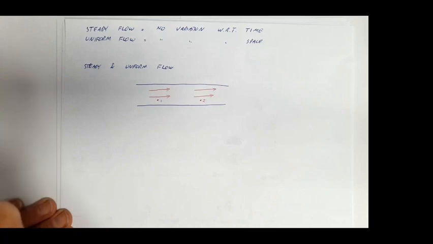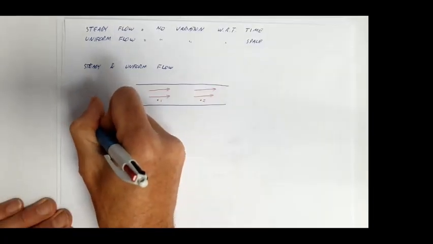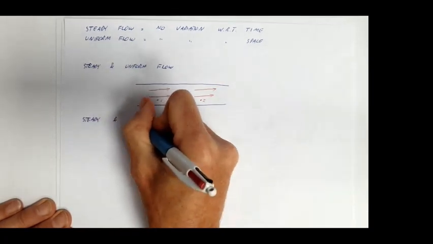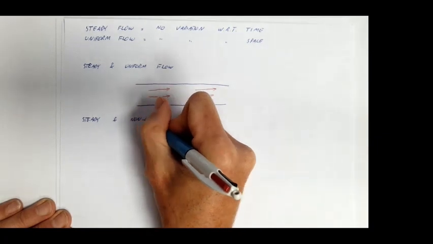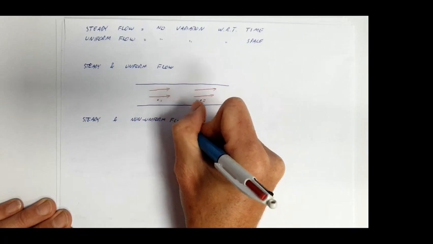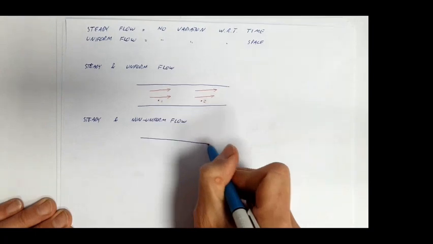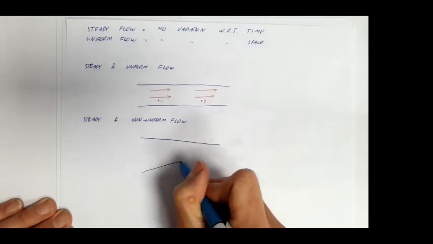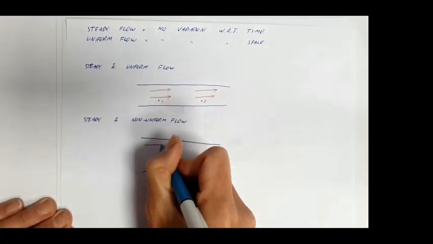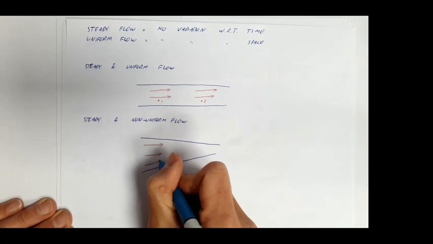The next example would be steady non-uniform flow. An example of that would be a tapered pipe. Our fluid starts in this position with a certain velocity. Let's call that position 1.